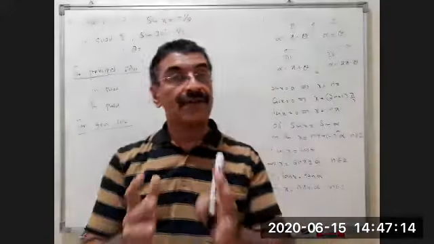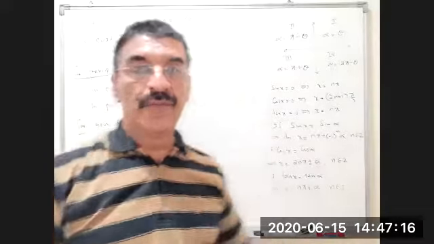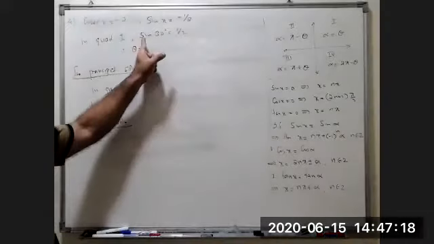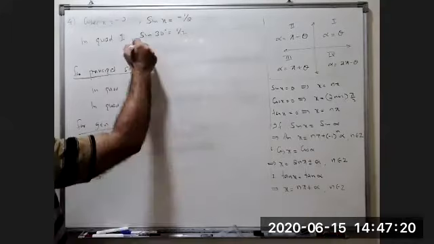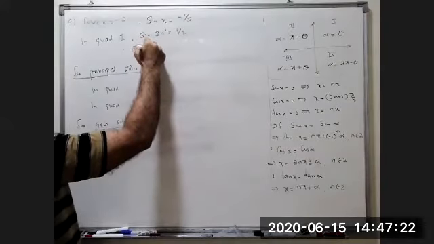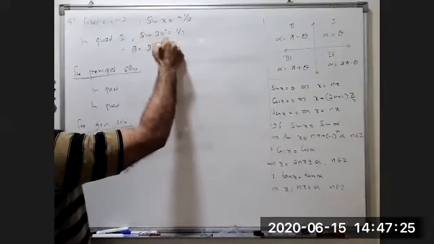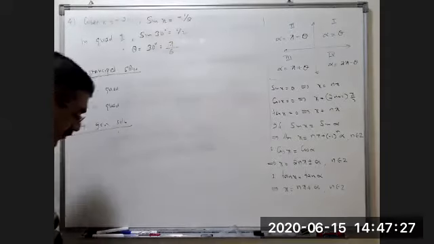As I said, this is one of the methods. We have many methods. In quadrant 1, theta is 30 degrees. 30 degrees in radian measure is pi by 6.